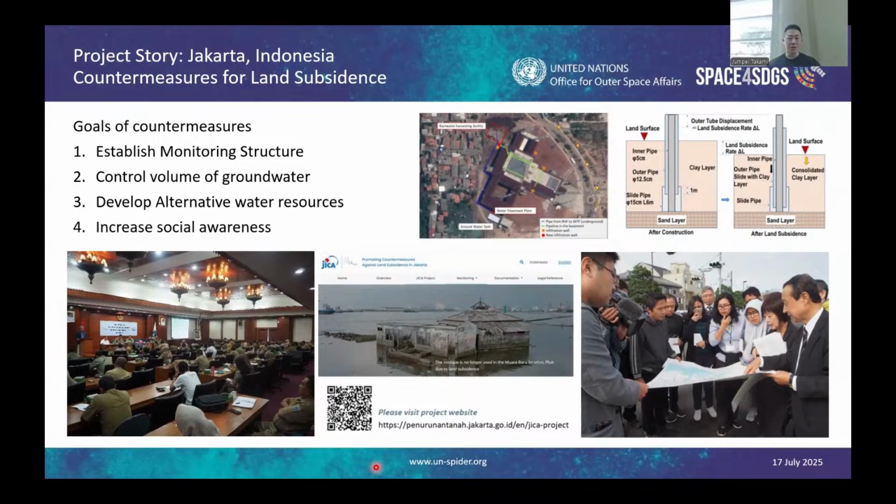Alternative water resources could mean we should find other water reservoirs and then develop a structure or distribution pipeline system to distribute water. But in Jakarta, historically, the groundwater was cleaner and of better quality compared to the water pipeline system.